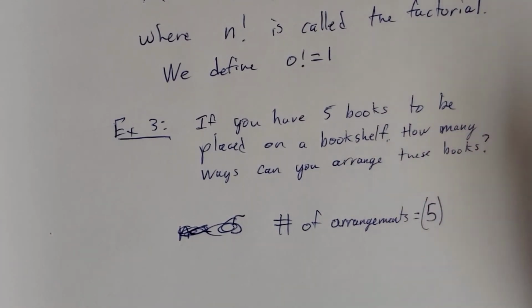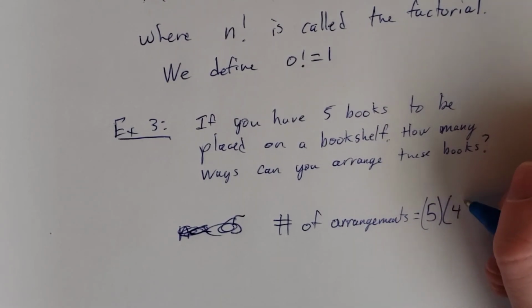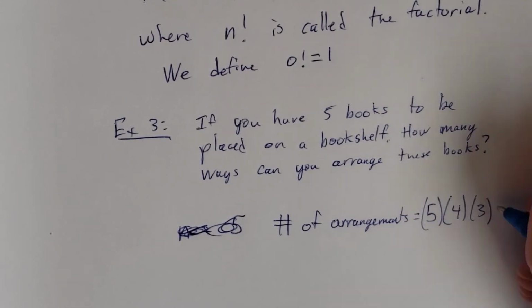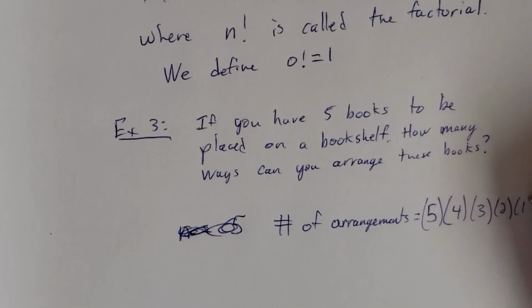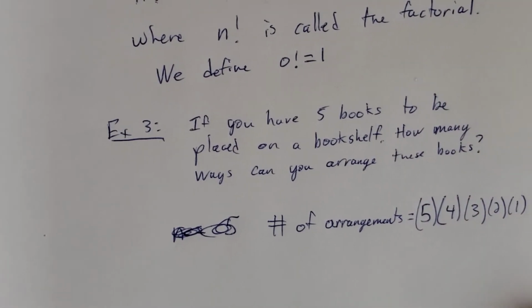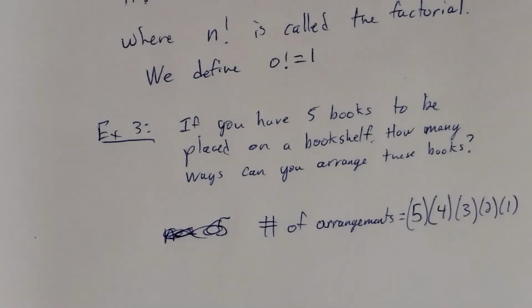But after that particular book is chosen, the second to leftmost book could be any one of 4 books. Then the next one is any one of 3 books, and then any one of 2 books. Once we've made all of those selections, there's only 1 book left, so the last book must be placed at the end.